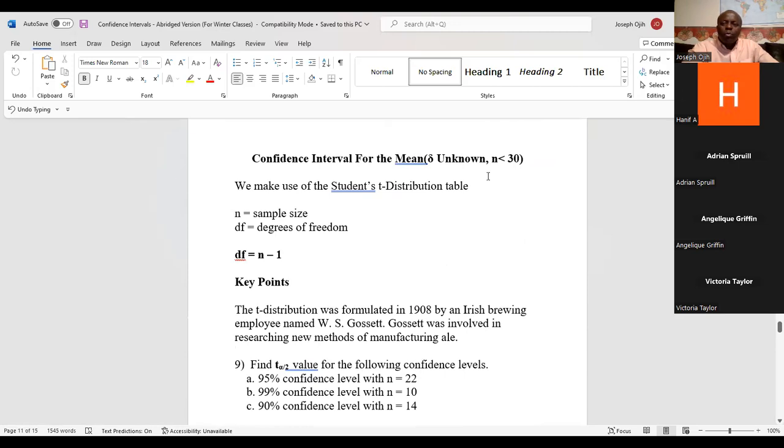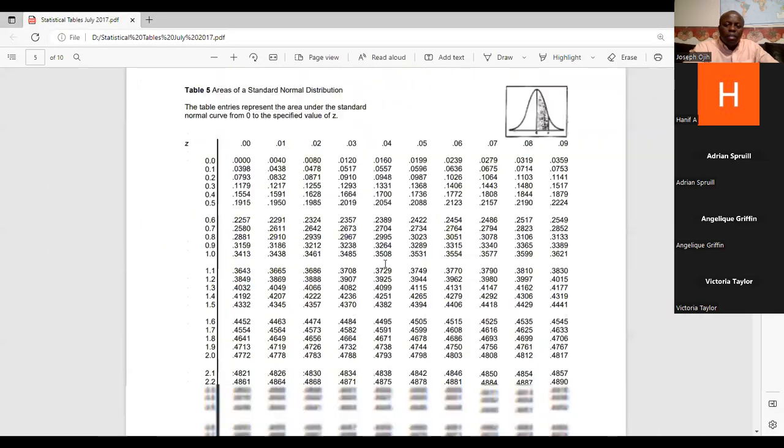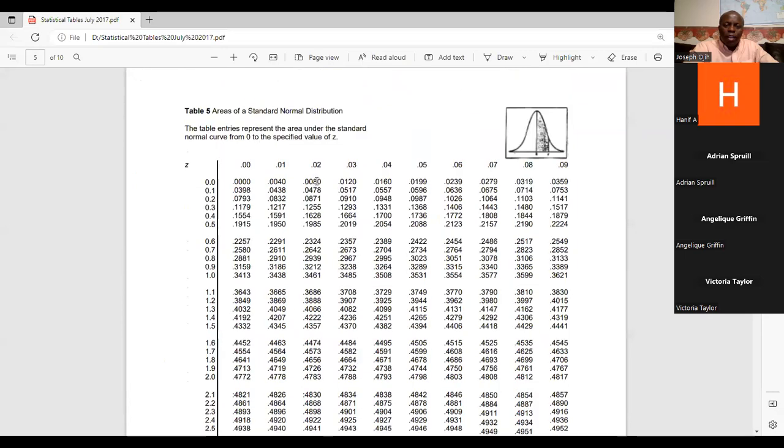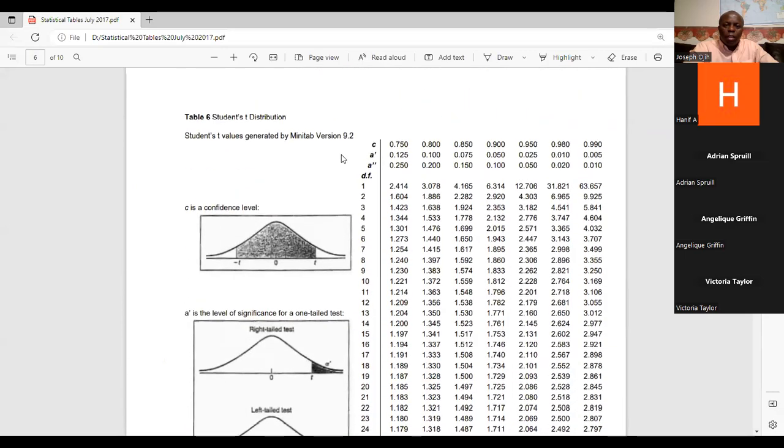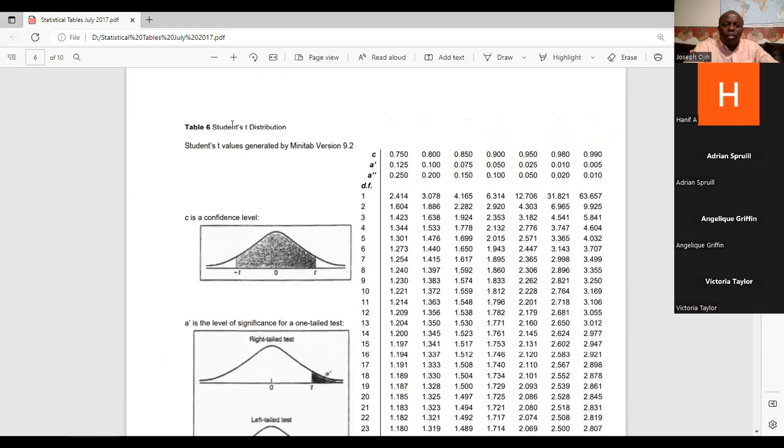To do that, we use a different table called the t-distribution table. Let me show you how it looks. I told you to print these statistical tables and keep them handy. This is the table we used last time, table 5. For this one, we're using the student t-distribution table. For confidence interval, remember it is 2 sides, left side and right side.